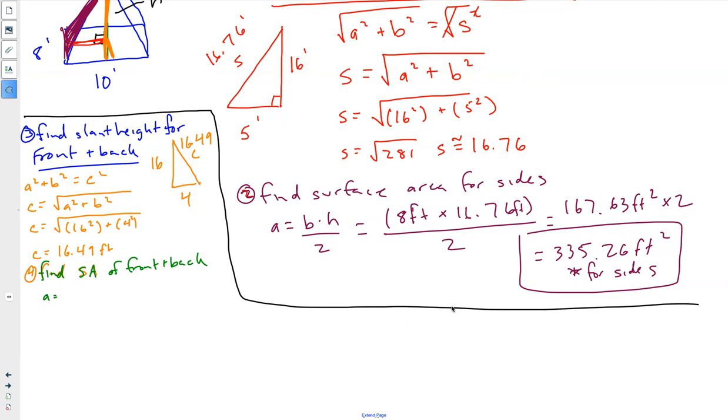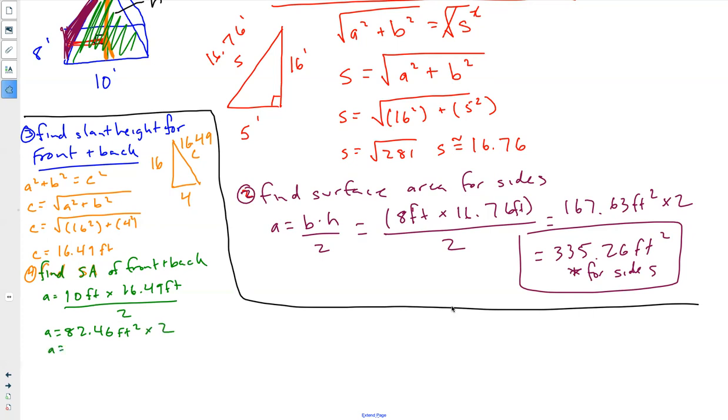My base is 10 feet times the slant height, which is 16.49 feet, divided by 2. Gives me a surface area equal to 82.46 square feet. And I have 2 faces, the front and then the back.